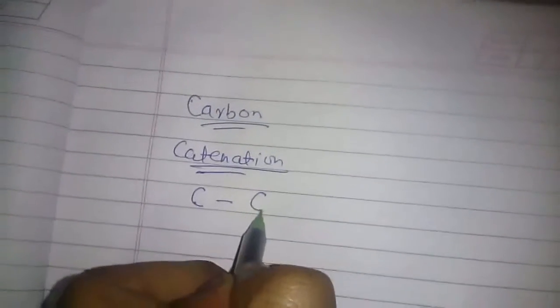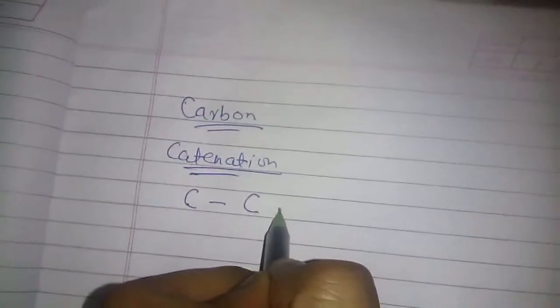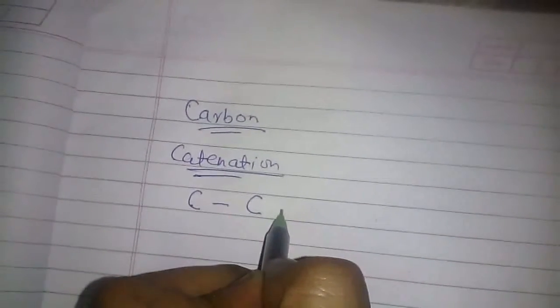Let us learn regarding carbon. Carbon has a remarkable property of catenation. The property of carbon to form a bond with another carbon atom and give rise to a single large chain is called catenation.